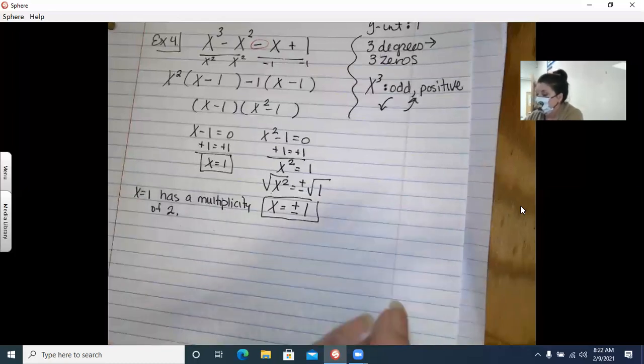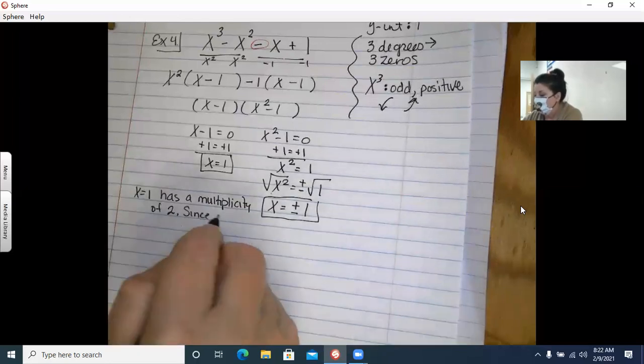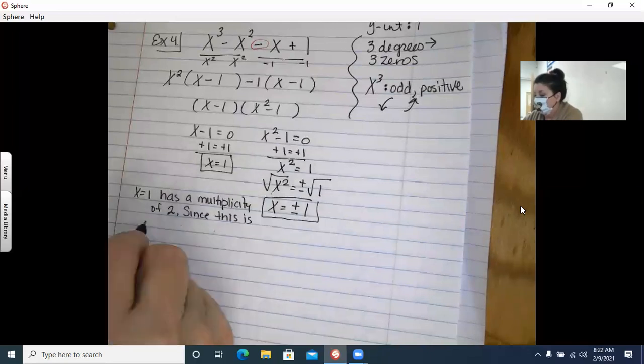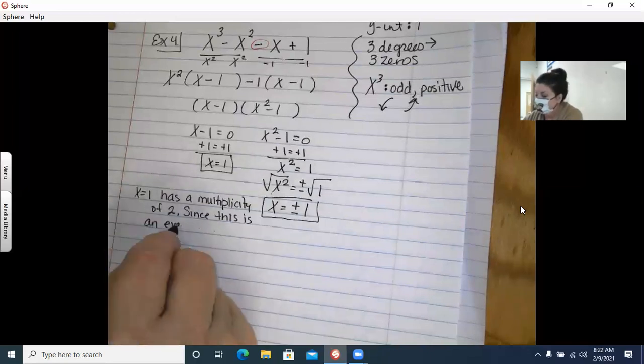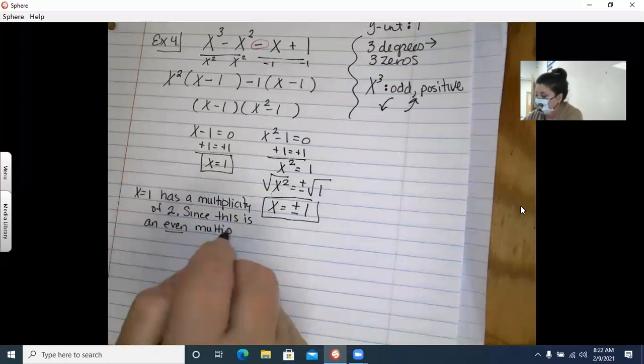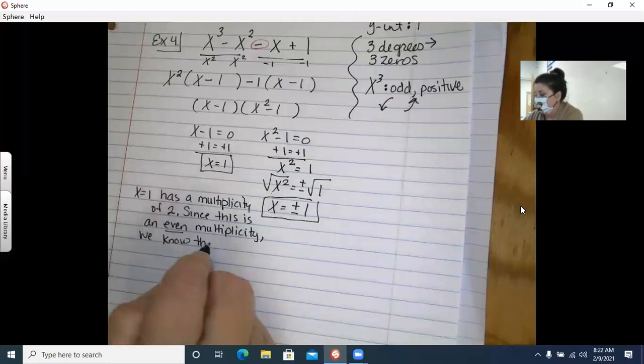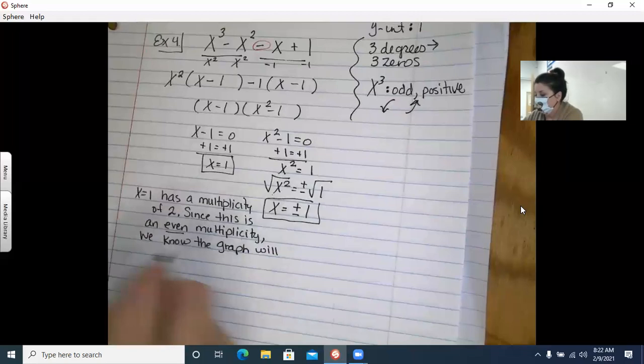So x equals 1 has a multiplicity of 2. Since this is an even multiplicity, we know the graph will bounce at x equals 1.